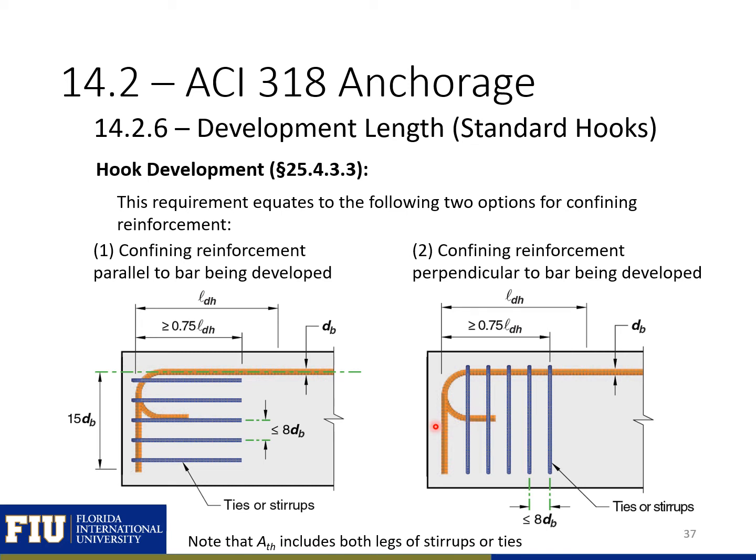The other option is to have confining reinforcement perpendicular to the bar being developed. So here's the bar being developed, perpendicular to that we have these vertical ties. So this reinforcement helps to confine this bar being developed right here. So both of these types of confining reinforcement will improve the behavior of the hook development, so it'll decrease the development length required.